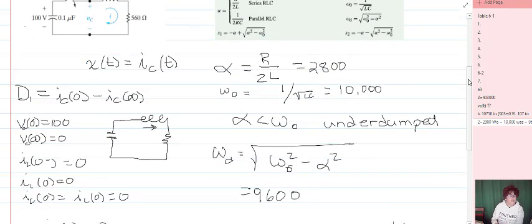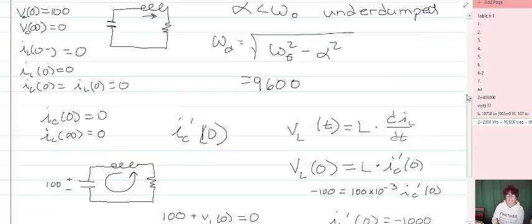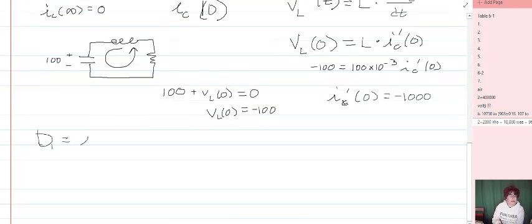So we've got that. Oh, I never did find D1. Okay, so D1 is IC of 0 minus IC at infinity, which was 0 minus 0, which was 0.